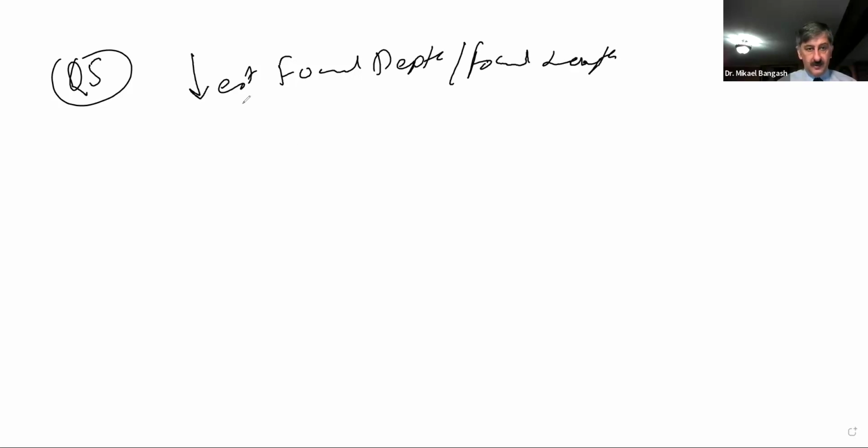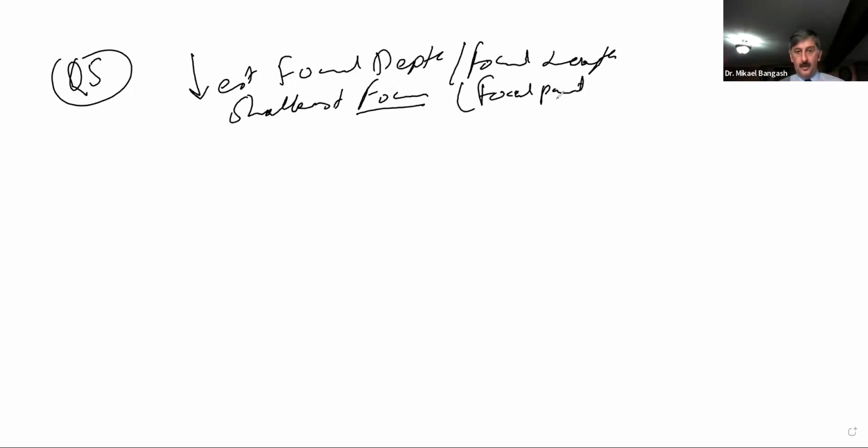The question here says shallowest focus. Clear? Or if you don't like the word focus, you can use focal point.